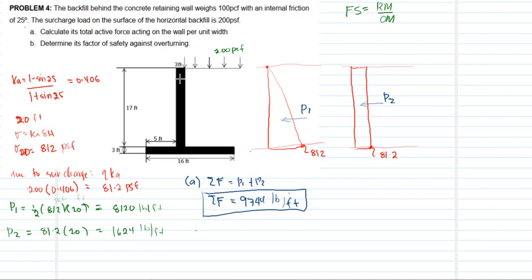So, isasali na natin itong weight ng ating concrete retaining wall. And then, yung unit weight ng concrete natin is equal to 150 pounds per cubic feet. So, PCF. So, yan yung unit ng concrete natin.